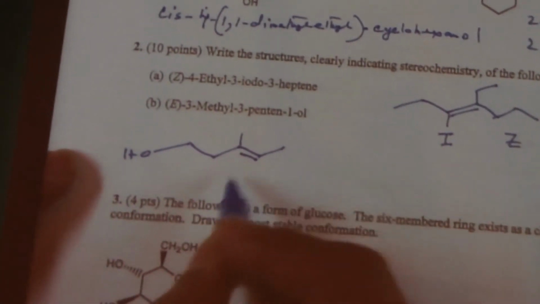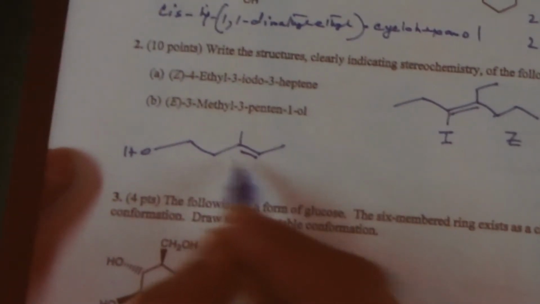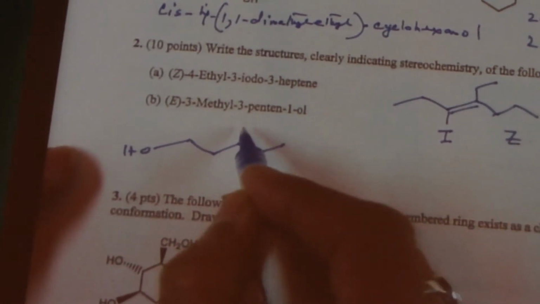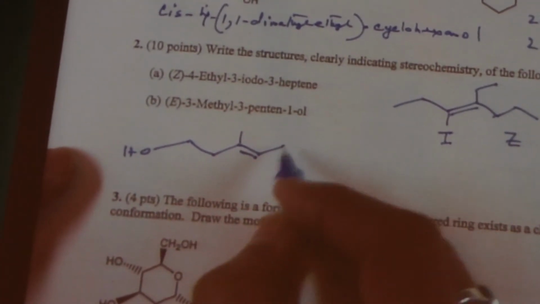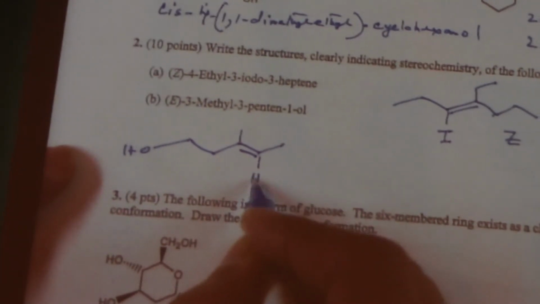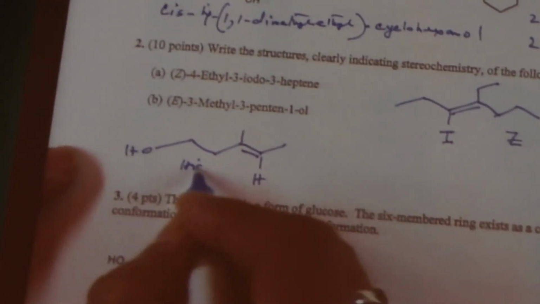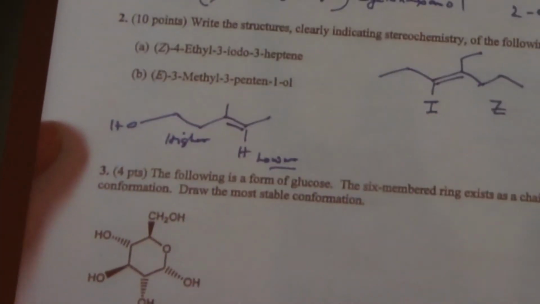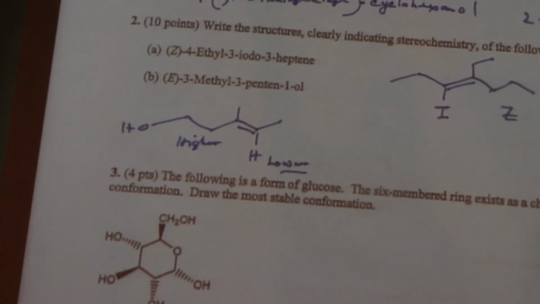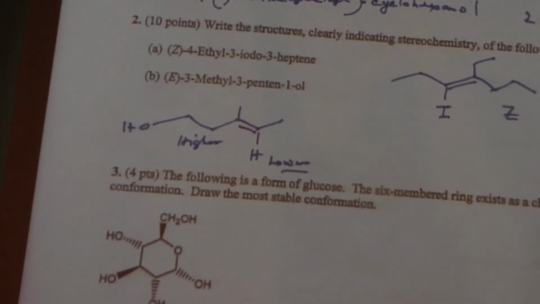All right, so now in this case again, we look at which is the higher group with respect to the double bond, and this is lower. This one is lower. This is actually higher. H is lower. So higher and lower on the same side is what we're seeing. If not, then you switch them.